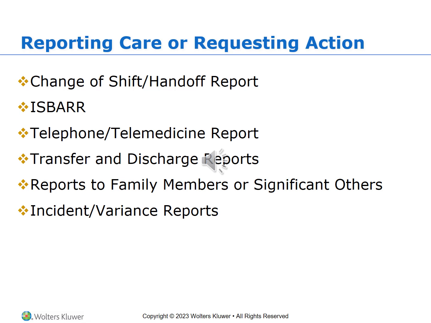So these are different types of reports you may give when reporting off or requesting some action from a colleague. So change of shift handoff report. We have our ISBAR. We have the telephone or telemedicine report, transfer and discharge report, report to family members or significant others, incident variance reports.